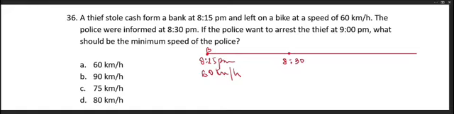the distance traveled by the thief will be speed into time, that is 60 into 15 minutes. If we change 15 minutes into hours, we get 1/4.